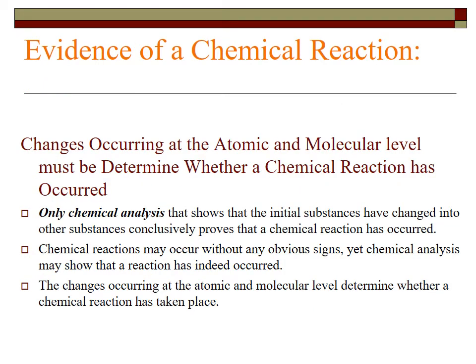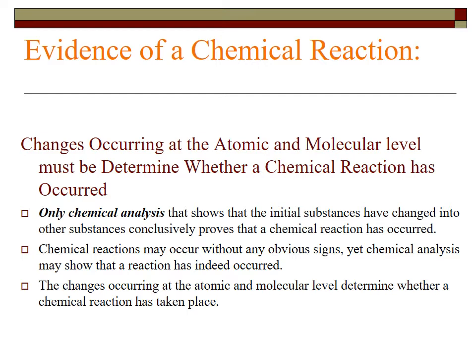Changes occurring at the atomic and molecular level must be examined to determine whether a chemical reaction has occurred. Only chemical analysis that shows the initial substance has changed into another substance conclusively proves that a chemical reaction has occurred. Chemical reactions may occur without any obvious signs, yet chemical analysis may show that the reaction has indeed occurred.